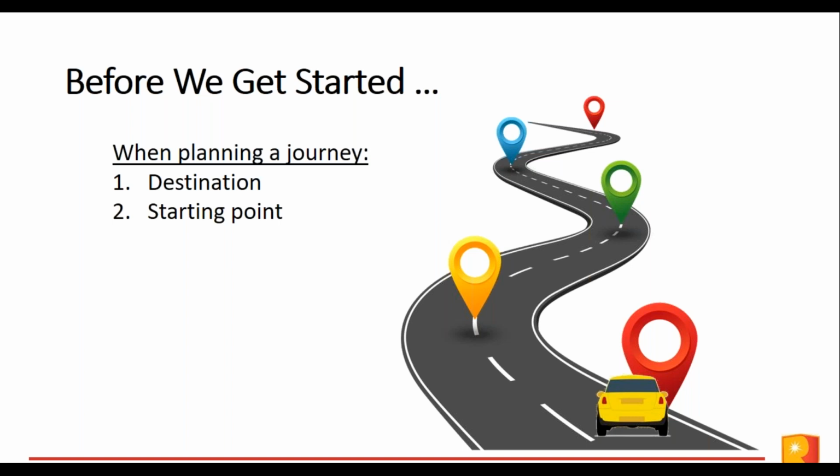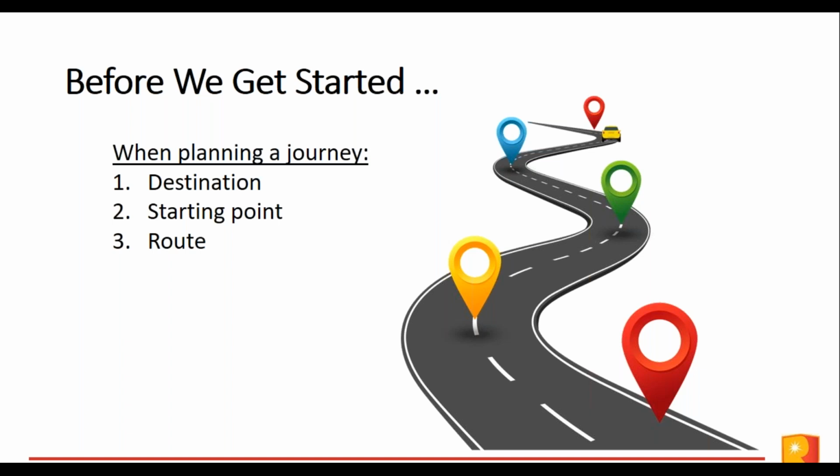Where are you standing? Where do you want to go? We need to know those two things before we start to plan the route, make those plans and take those actions. We need our destination and our starting point in mind.